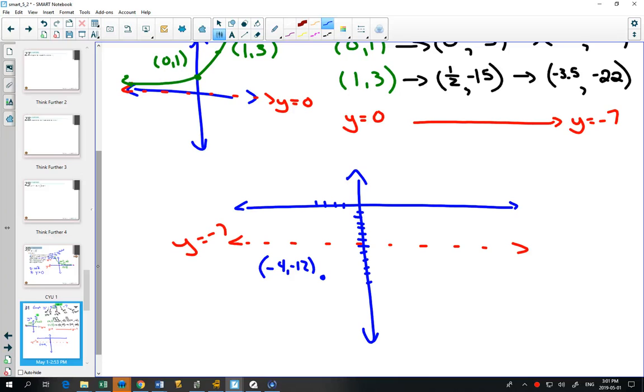So if this is 10, another 10 would be about here. Now with those 2 points, we still need to have the proper shape of an exponential graph, which needs to approach our asymptote. If I join those 2 points, can you see that approaching the asymptote would have to go this way?